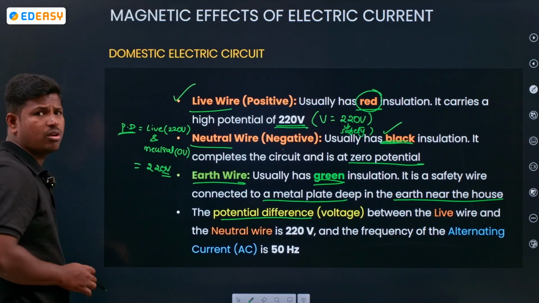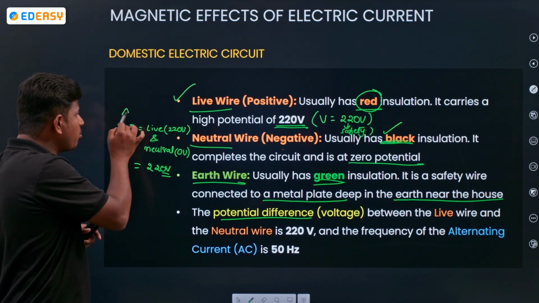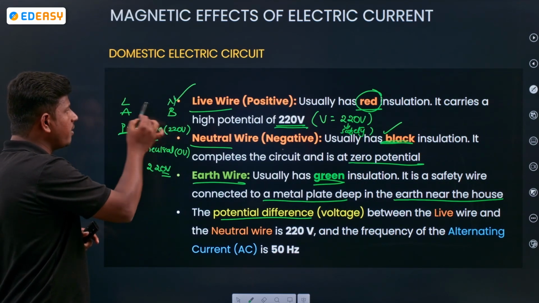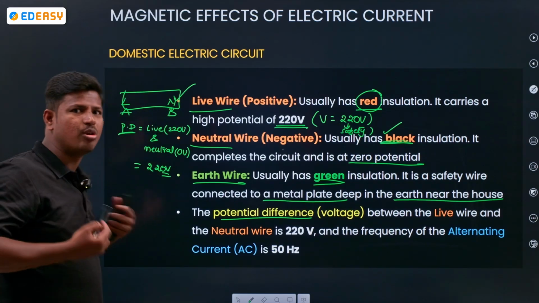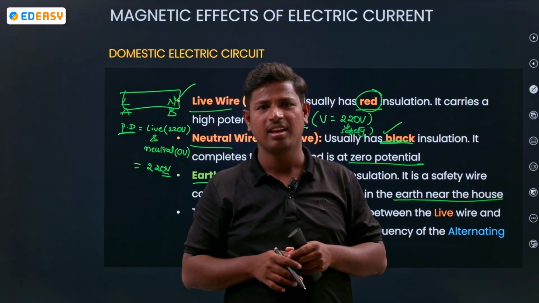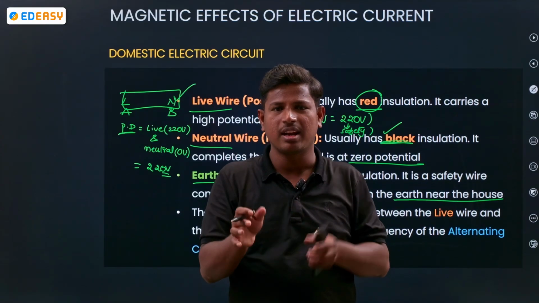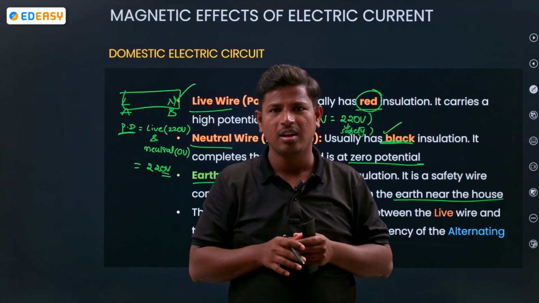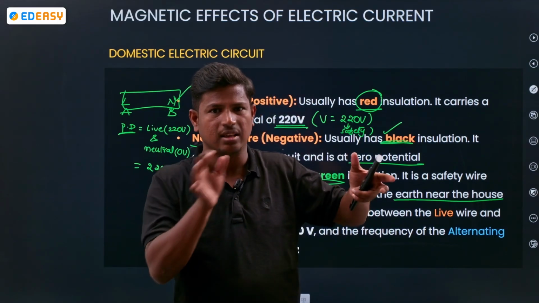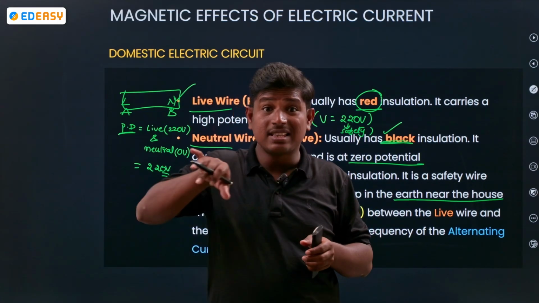Potential difference means the difference between any 2 points A and B. Here it is between the live wire L and the neutral wire N. In between these two, how much potential is there? 220 volts. Live wire enters with 220 volts, neutral exits.